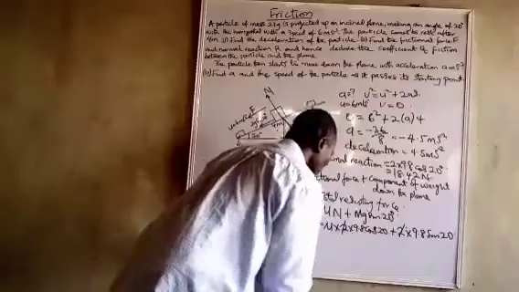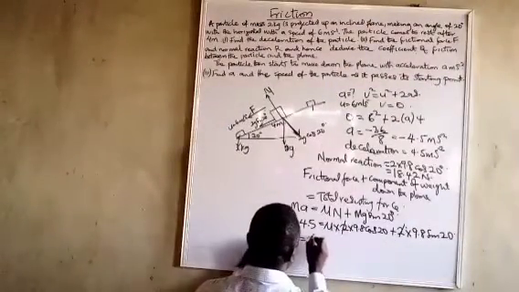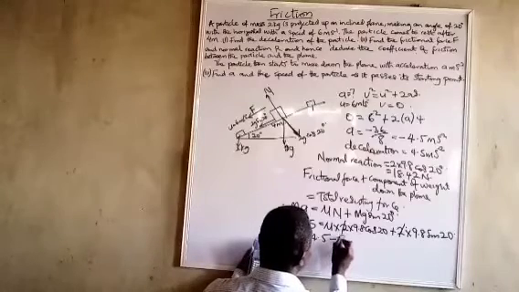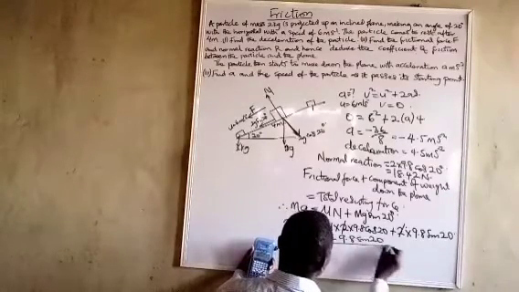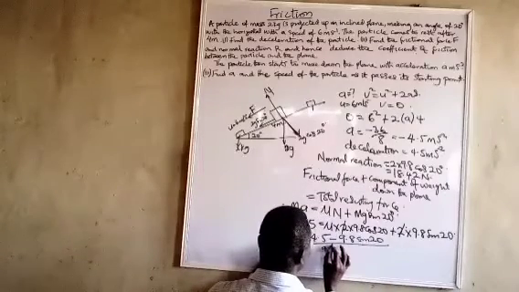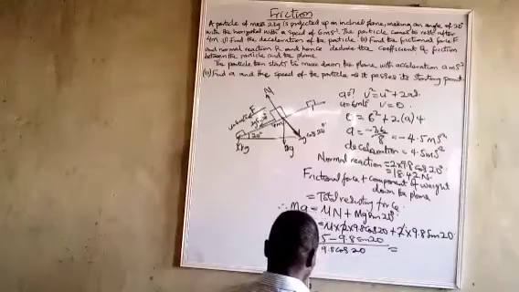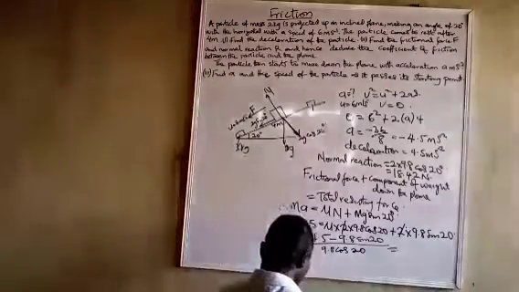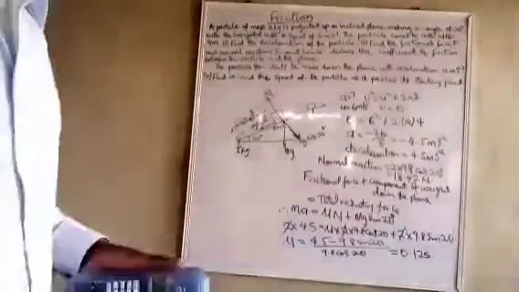Let's clear through by this. Then our coefficient of friction will be 4.5 minus 9.8 sin 20 over 9.8 cos 20, and that will be 0.125.